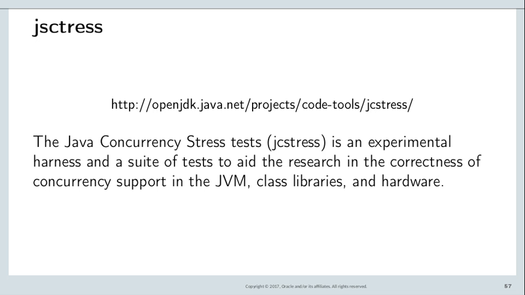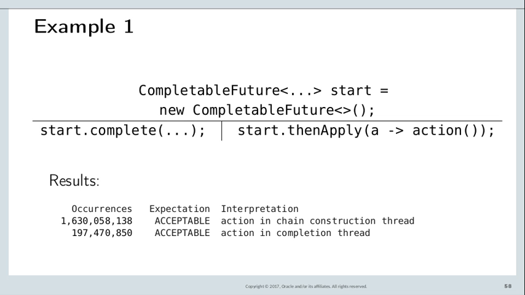We have, in OpenJDK, such a tool called Java Concurrency Stress tests. It's a harness which allows checking different, particularly racy situations, and so on. Let's consider the first example. What we have here: what is above this line is the precondition. It's executed long enough before the last stage.